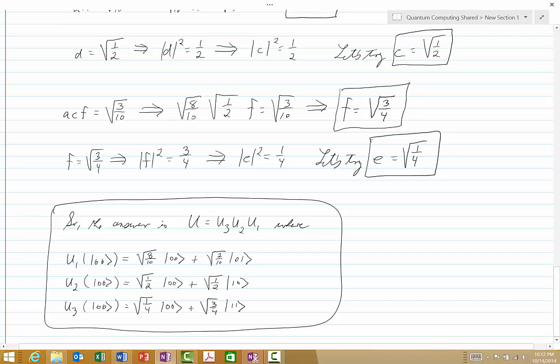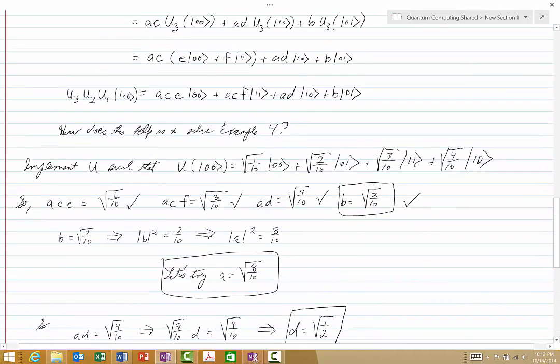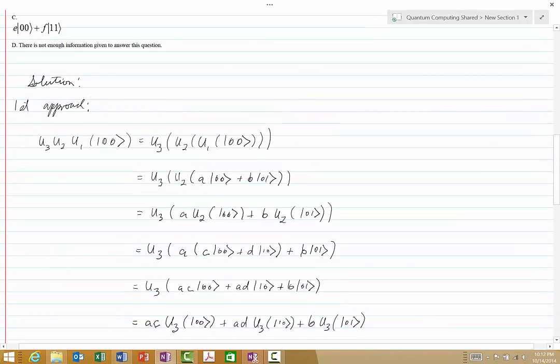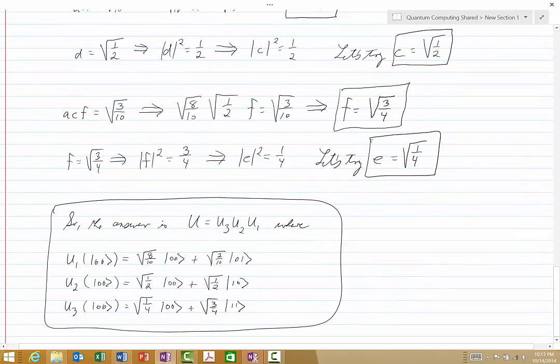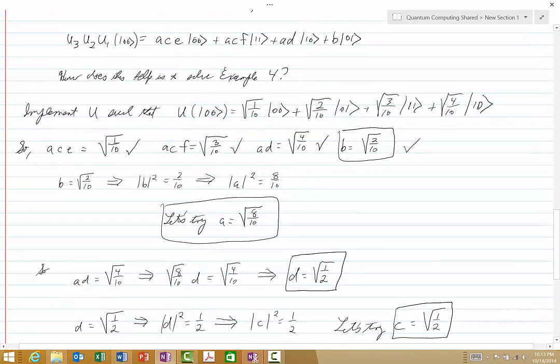And we have now obtained one. We have written our transformation U as a product of two-level unitary transformations, and we know based on the work we've done up here that it will take the 0, 0 vector to this vector.